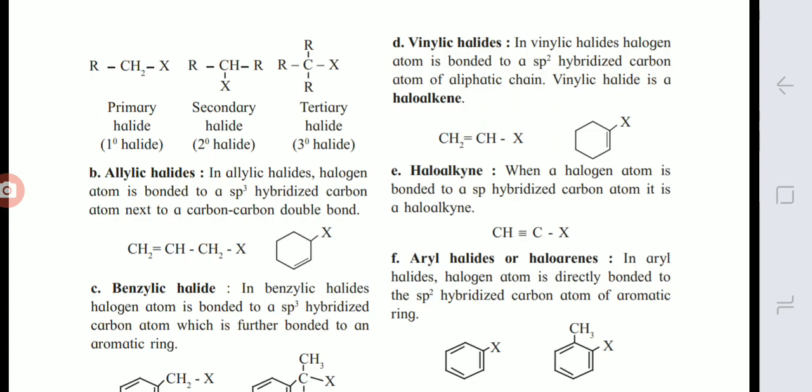So what is the name of that compound? We have to start the numbering from the double-bonded carbon. The bottom carbon is carbon number 1, and your halogen is present on the third carbon, which is the allylic carbon, so it is 3-halocyclohexene because there is a double bond.